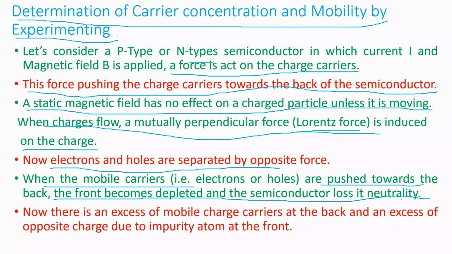But if it is carrying a current and you place it inside a magnetic field, electrons and holes will be separated and move towards opposite faces. Now there is an excess of mobile charge carriers at the back and an excess of opposite charge due to impurity atoms at the front. That tells us what kind of semiconductor it is.